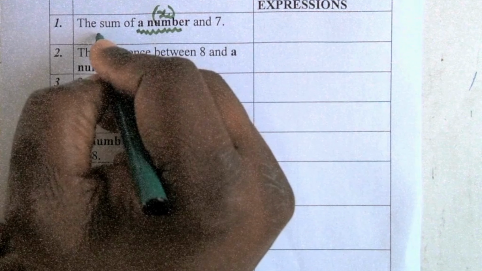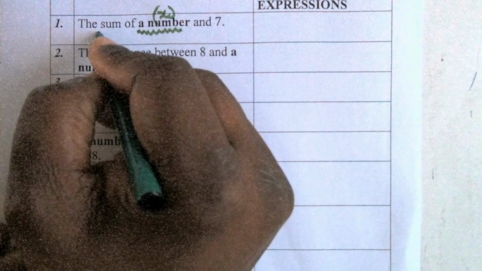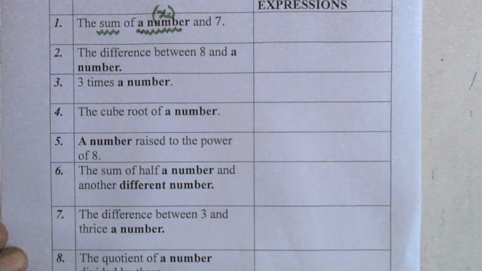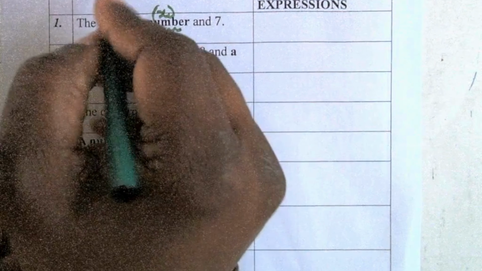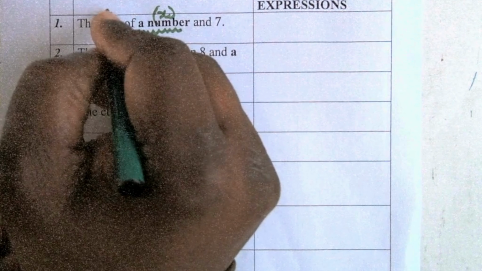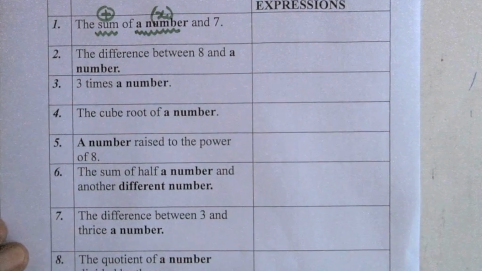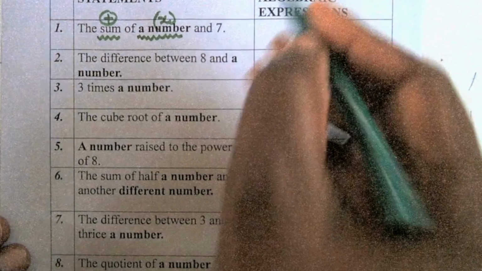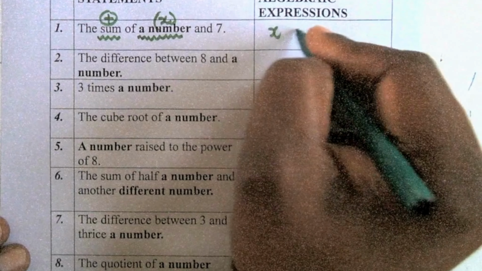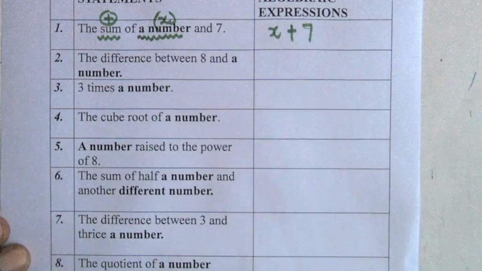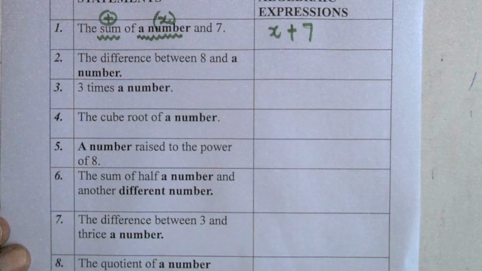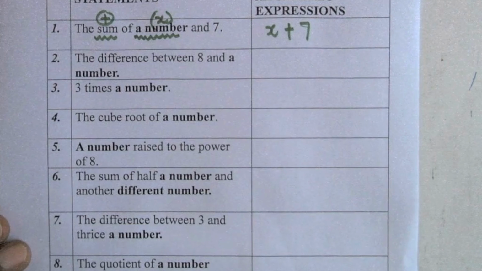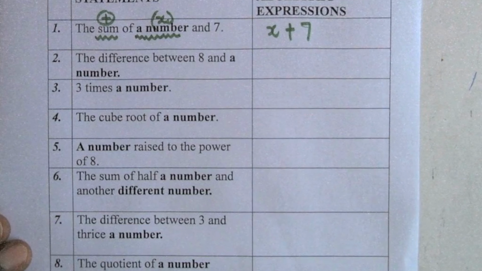Another key word in this statement is the word sum. And when we see the word sum, we are going to use this operation here, plus. So my final answer is going to be X plus 7. In the next question, the difference between 8 and a number.